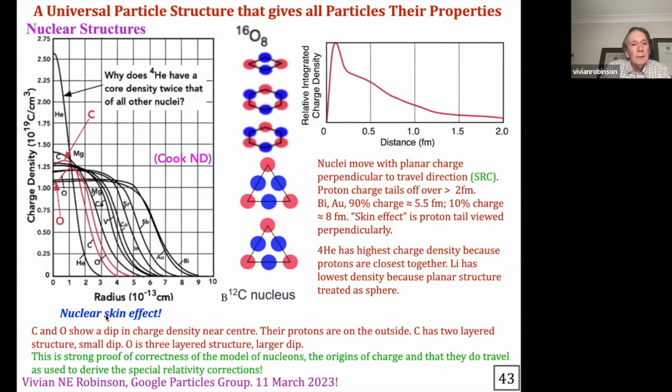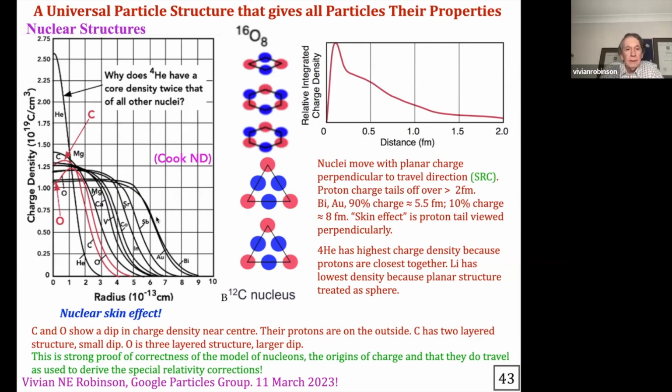The nucleus, or all nucleons, in fact all particles, move with their charge plane rotating in this direction. They move in this direction. So what you're seeing here in this skin effect is all of these charges superimposed upon each other, and the electrons coming down from the top scattering from them.